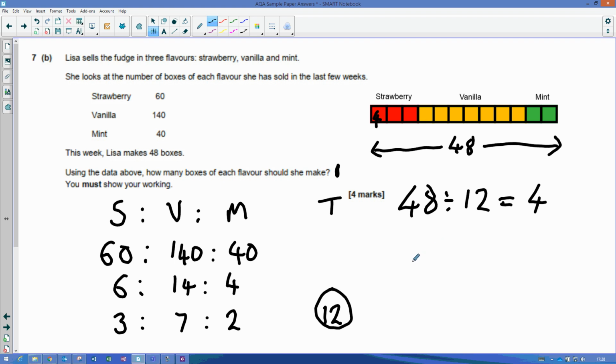Now we're getting somewhere. How many strawberry boxes do we want? 1, 2, 3 lots of 4. How many vanilla boxes? 7 lots of 4.